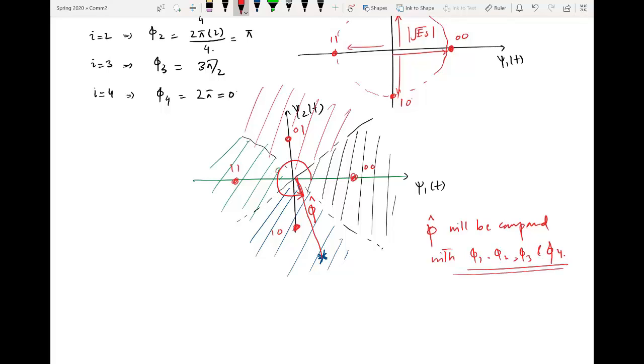It will be compared, and the symbol will be decided for the smallest phase difference.